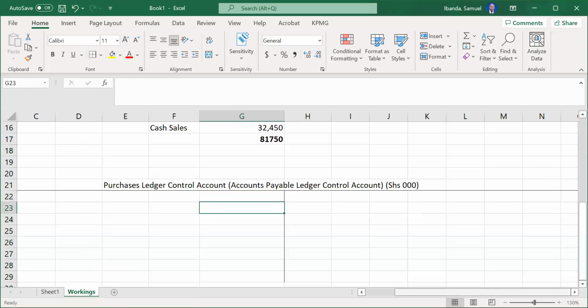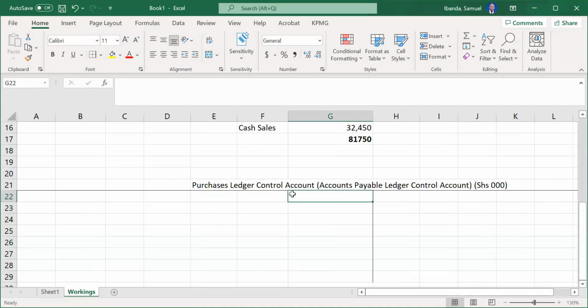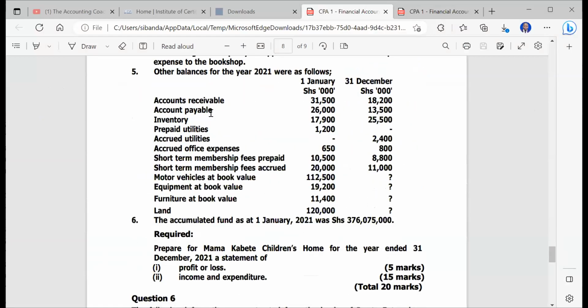Now that you've gotten an idea from the sales ledger control account, you know very well that when it comes to the balances of accounts payable, this opening balance will be credited. You just do the reverse of what you did on the other side.